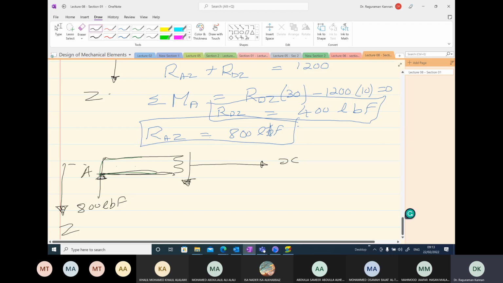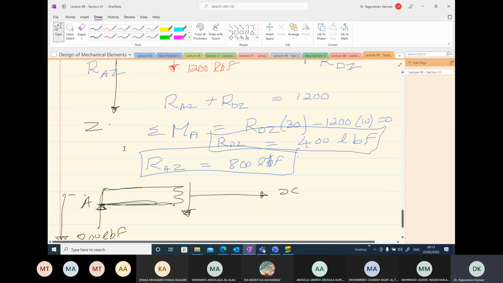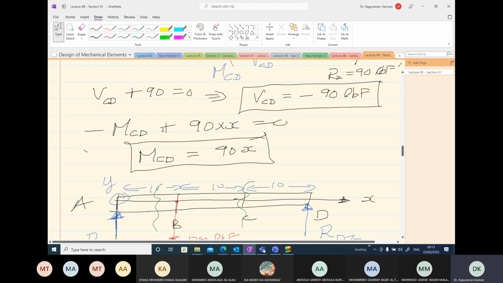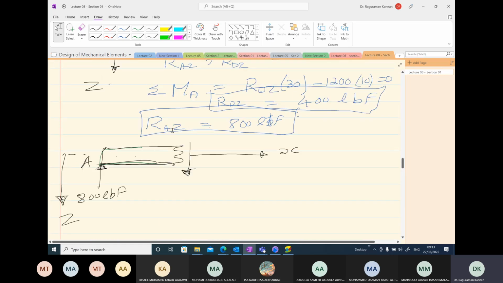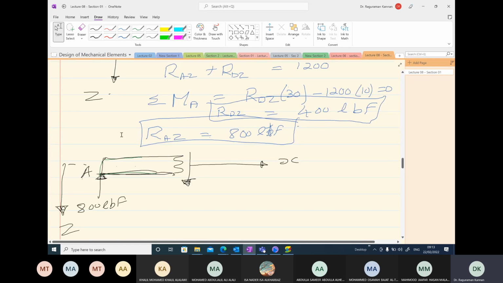So I'm going to consider A, and what is the section here? A, B. So VAB and MAB.